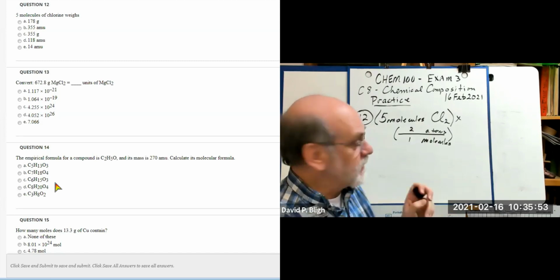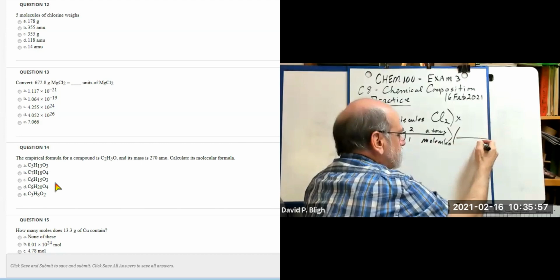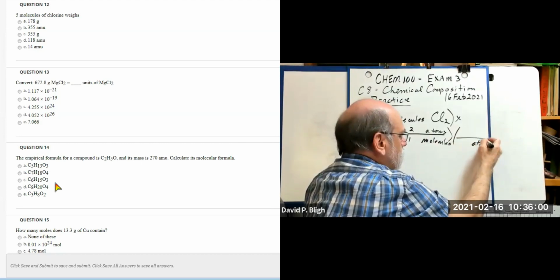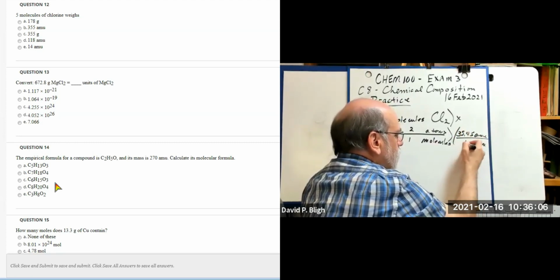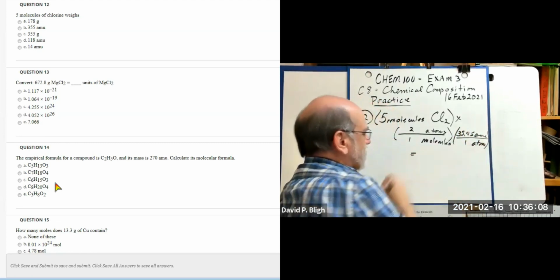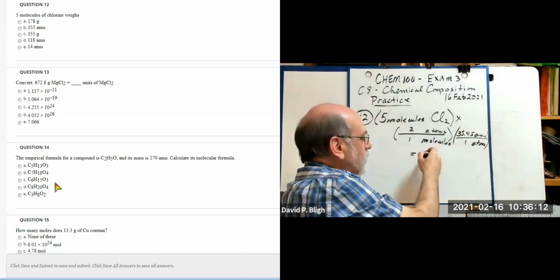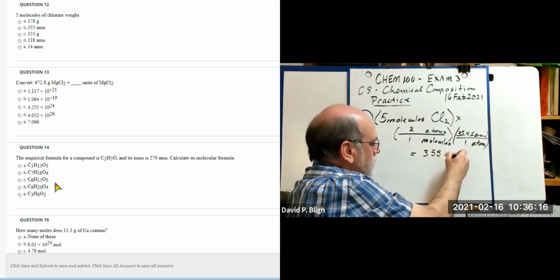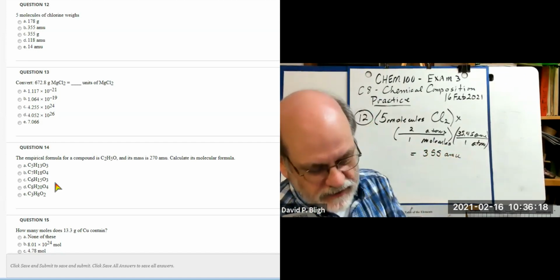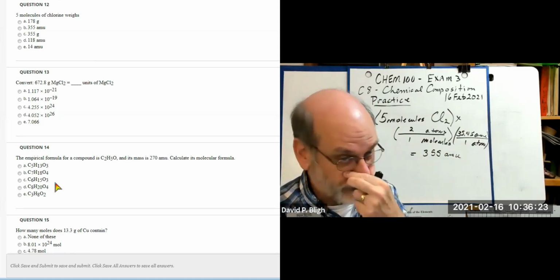So how many atomic mass units per atom? 35.45. Right. So now 10 times 35.45, rounded off, is 355 atomic mass units. So that's why the answer is B.